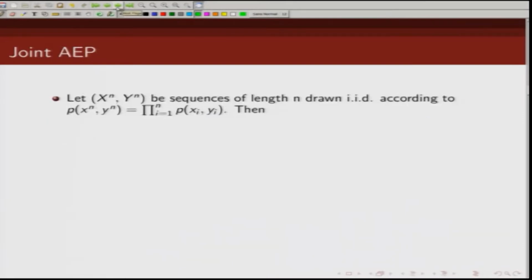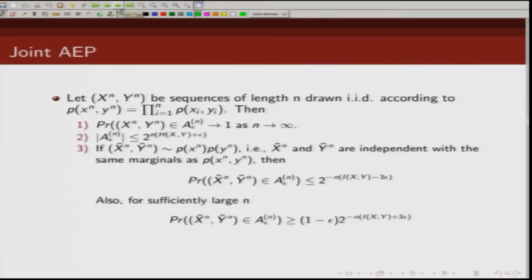Now let us prove some properties of these joint typical sequences. If x^n, y^n are sequences of length n drawn independent identically distributed according to this distribution, then the following conditions hold. What's the first property?